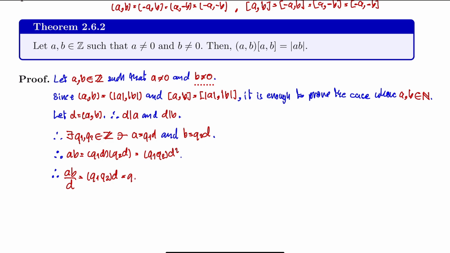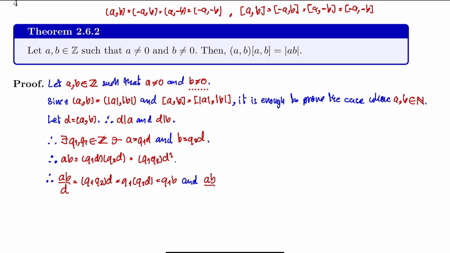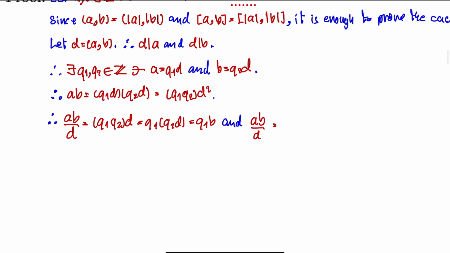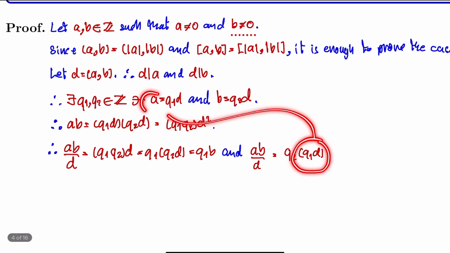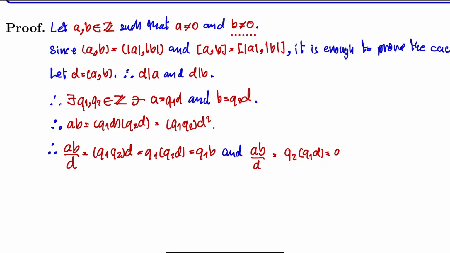This q1 q2 d is q1 times b. And a times b over d can also be written as q2 q1 d, and q1 d is a, so we have q2 times a.